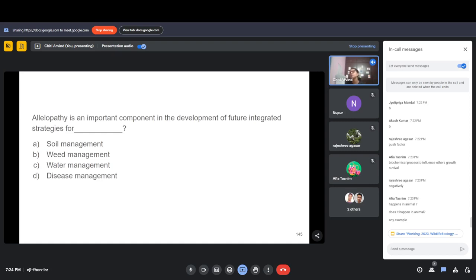I am not really sure of any particular example. All I can think of is pest management that is used, but it's usually used by some organism consuming another organism, but not in the form of any biochemical reactions. So, usually predation is what is employed for pest control for animals, but I'm not sure about allelopathy. So, if you do come across some examples, please do share it.